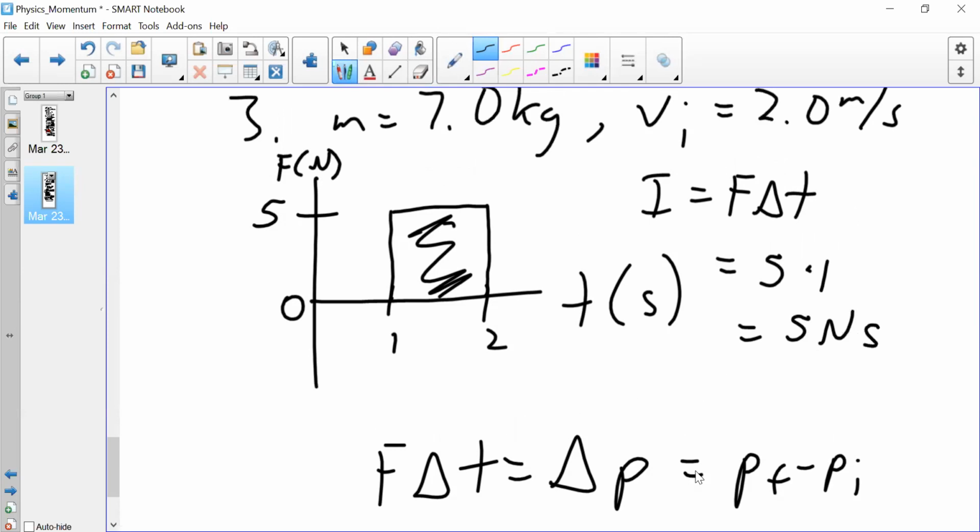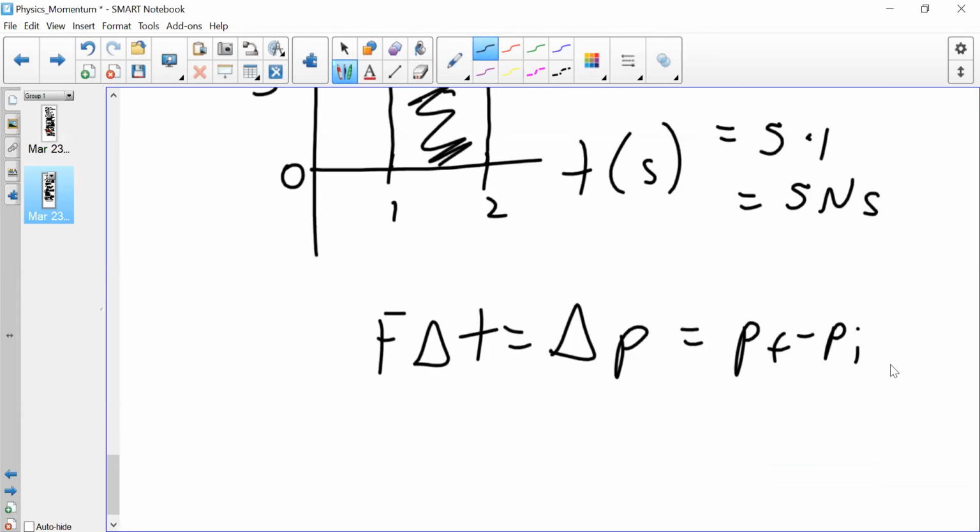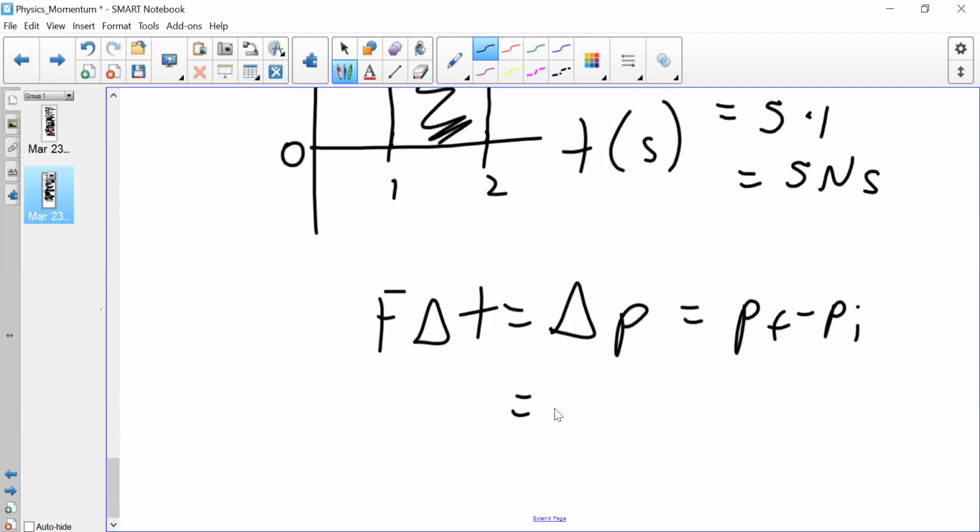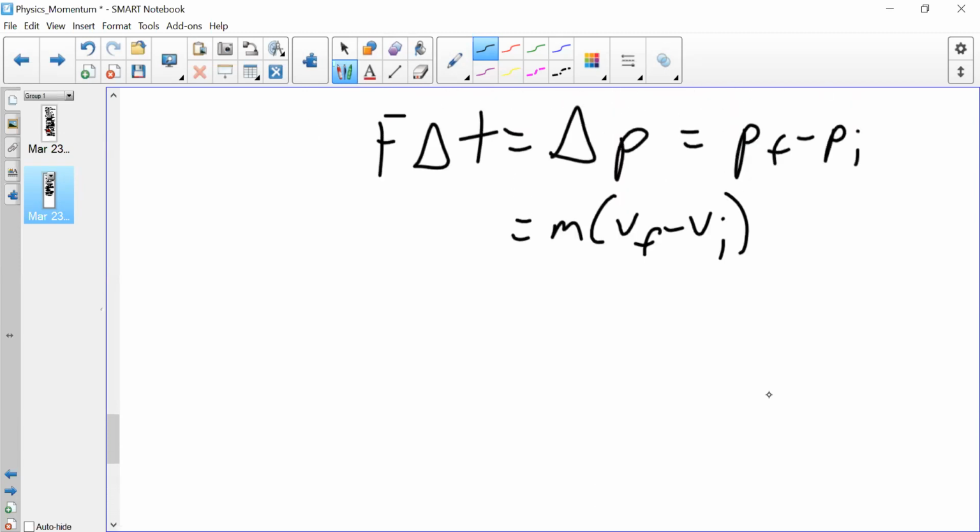Okay. Then our impulse, which is change of momentum, is final momentum minus initial momentum. It's also equal to mass times final velocity minus initial velocity. If we're trying to get the final speed from F delta T, we want to use one of these expressions that has the final speed actually in the result.